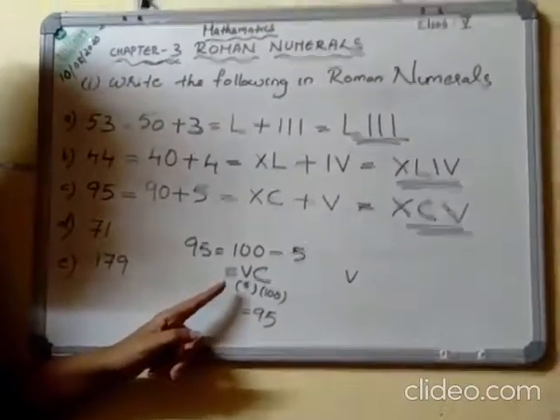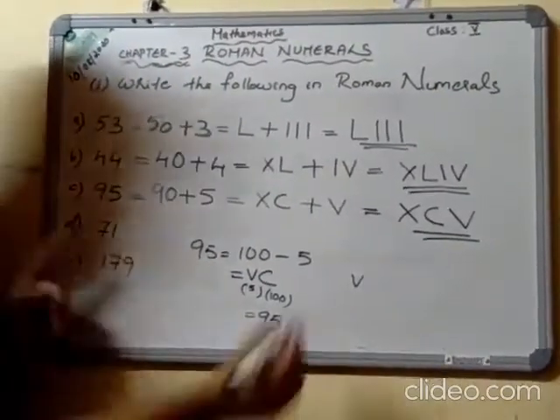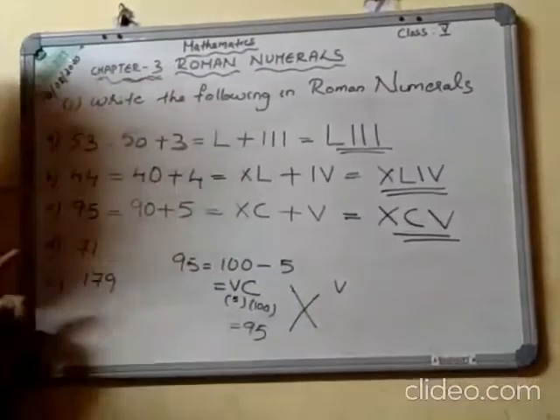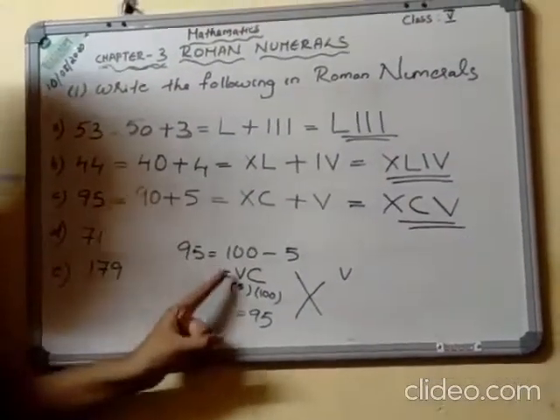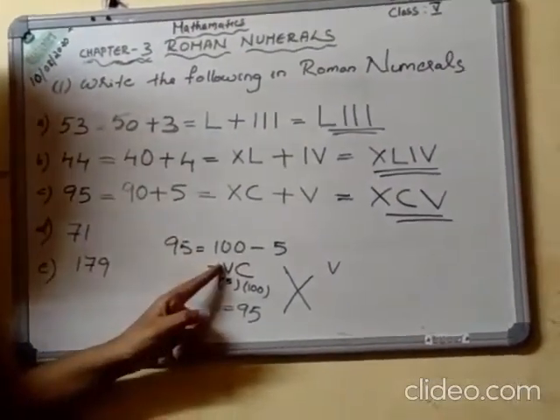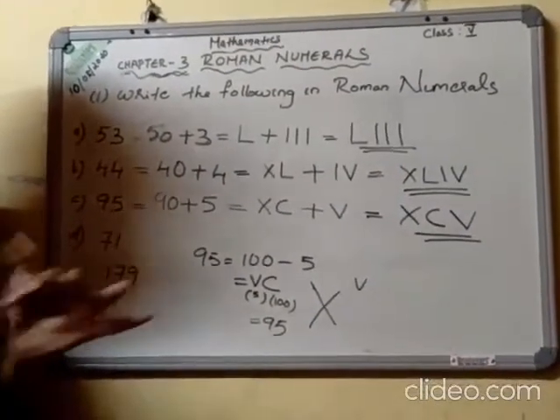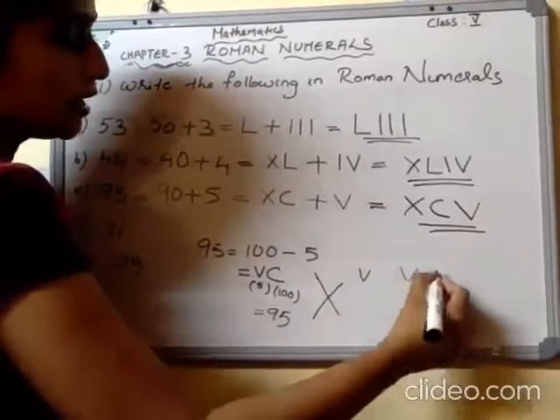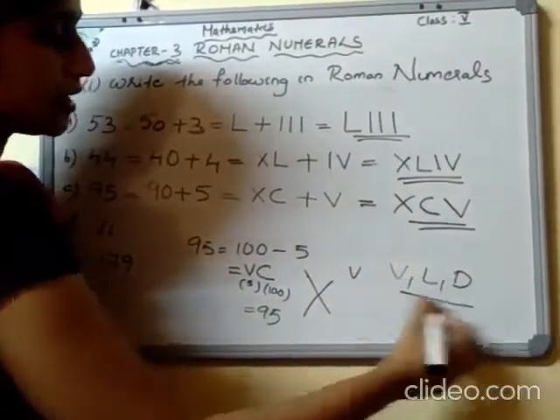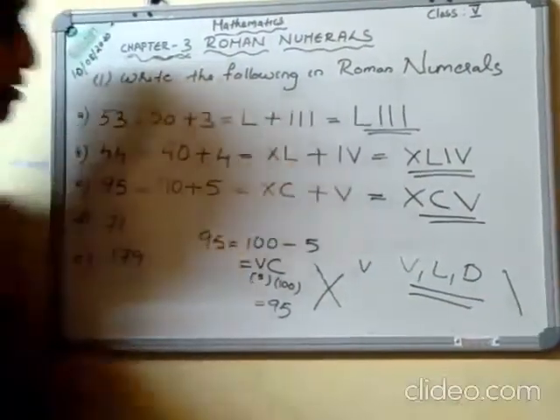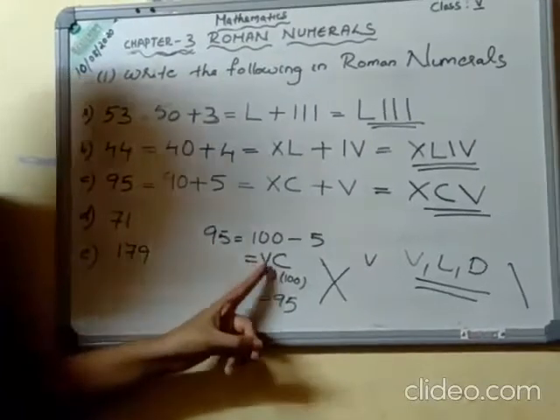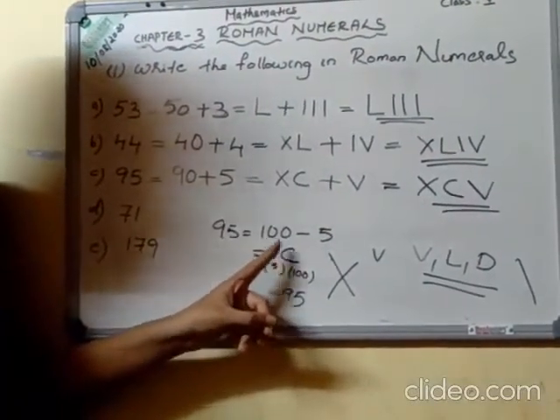Can we write it like this? Some of you may have a doubt. But this representation is wrong. Why? Because we have studied that V, L and D can never be subtracted. So 95 cannot be represented by VC.